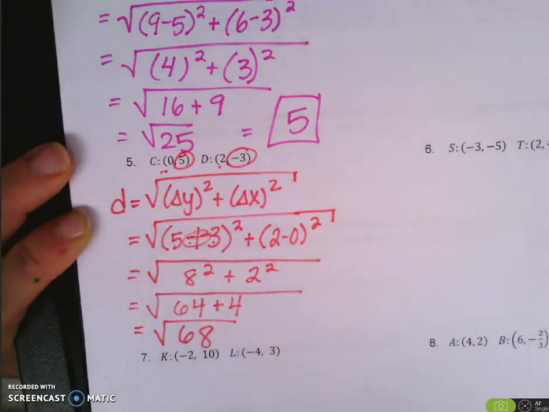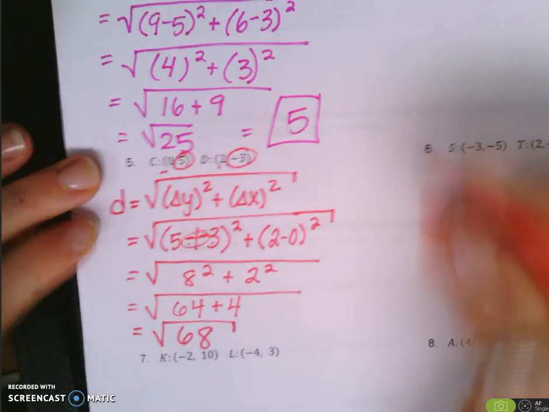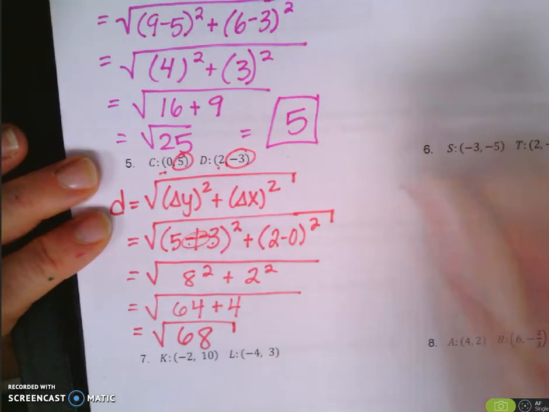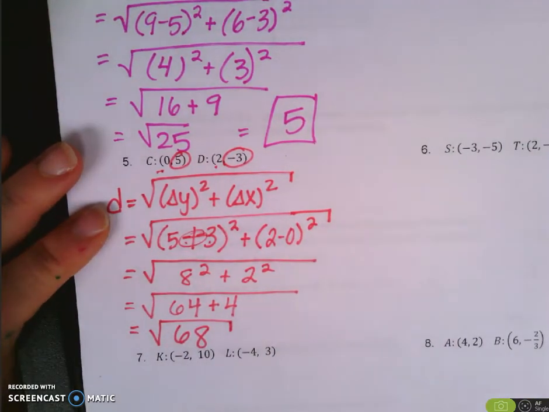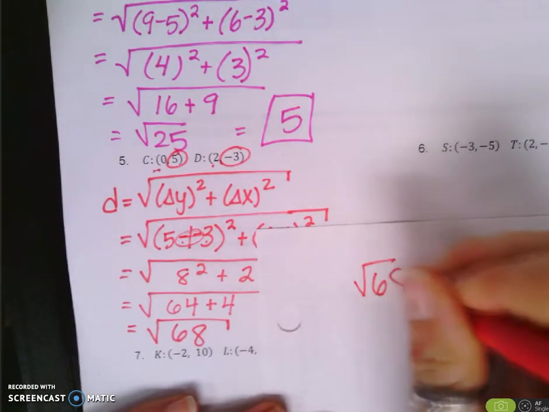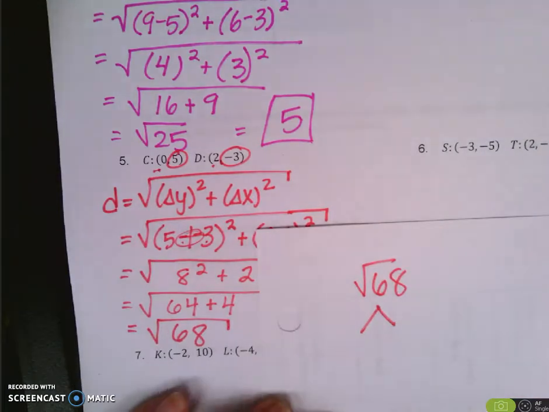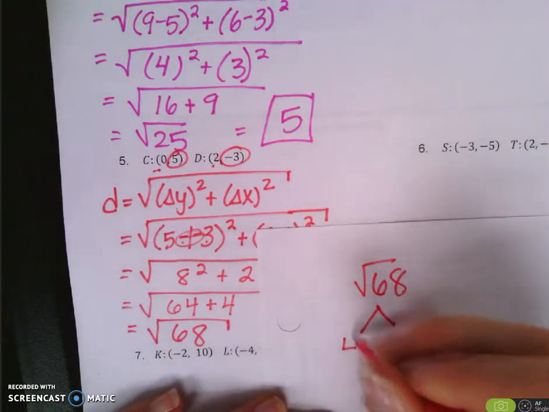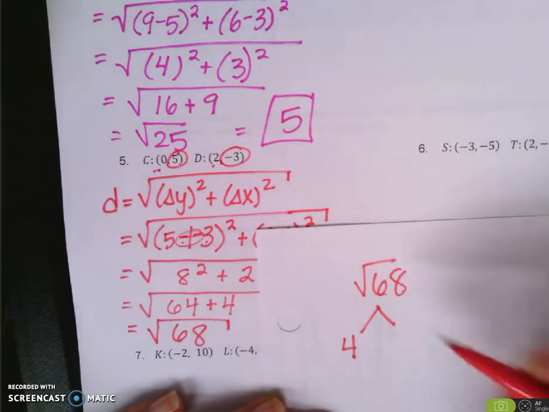Okay, 68. Well, I can't think of a perfect square off the top of my head, so I'm going to make a factor tree. So let's see, radical 68. Please join me. 68. Well, 2 works and it's still even, so let's try 4. 4 goes into 6 once, remainder 2.